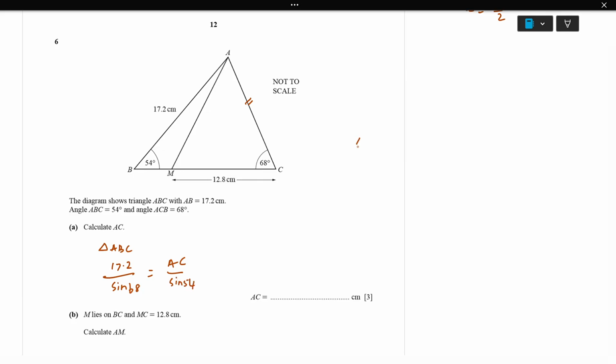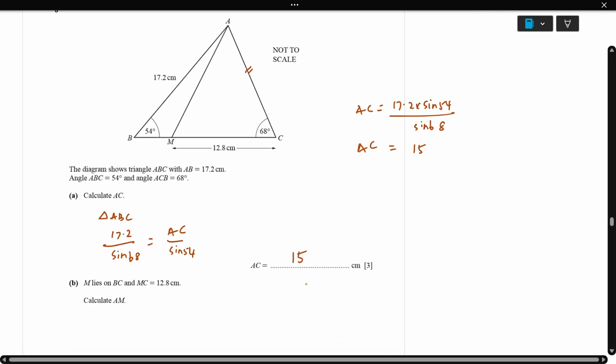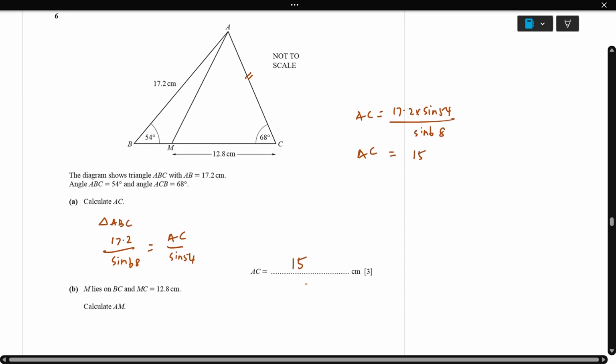So AC equals 17.2 times sine 54 over sine 68. The answer is going to be 15. So AC is 15.